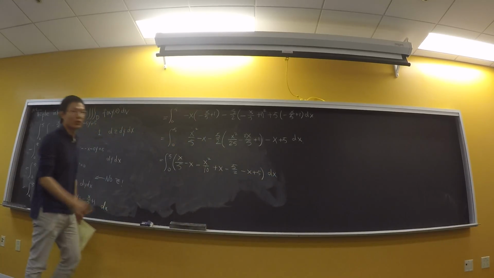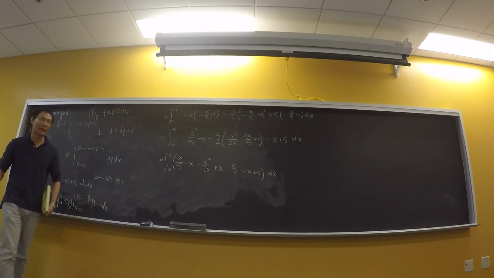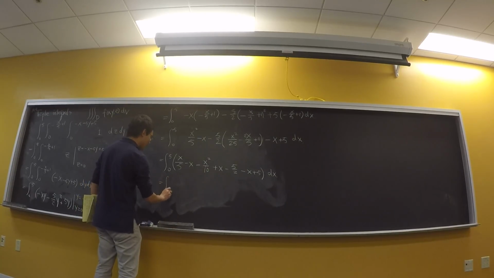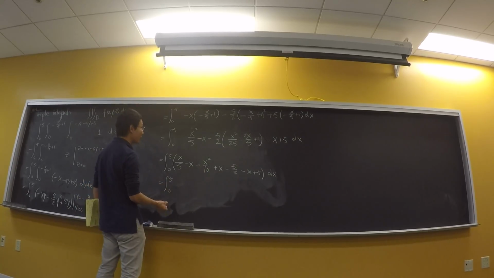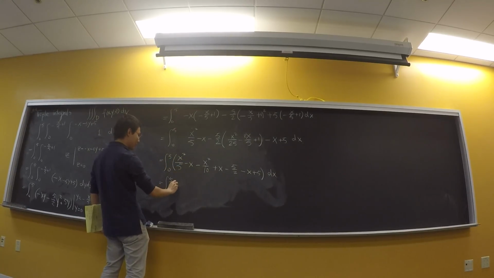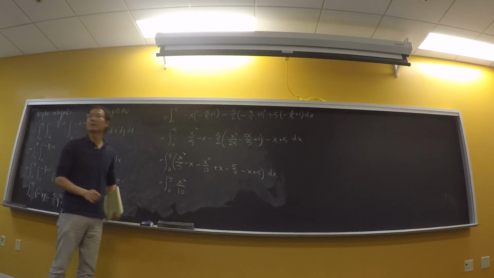Okay? So always combine the like terms before you find the antiderivative. Don't find them individually, you're going to deal with many more terms. So we can combine the like terms here. How many squares do I have? I have x squared divided by 10, am I right?